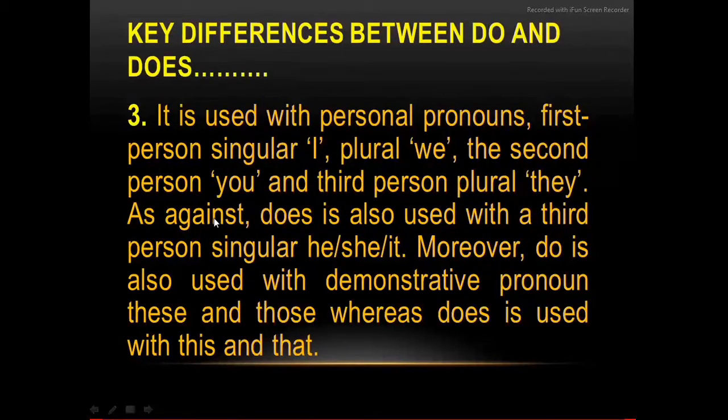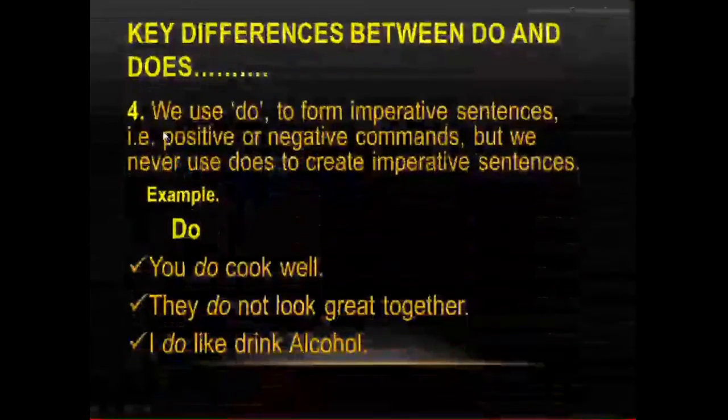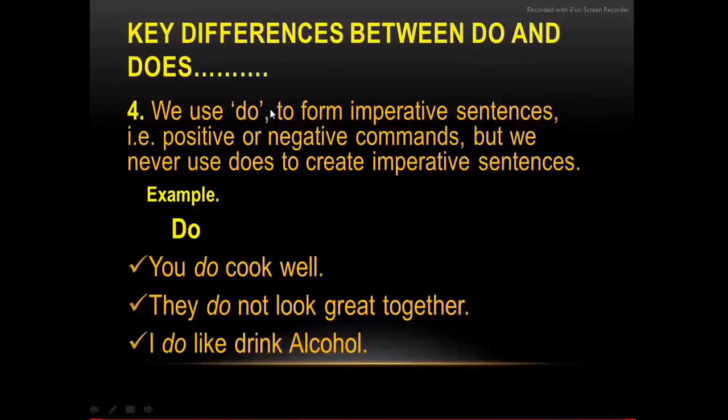As against, does is used with the third person singular he, she, it. Moreover, do is also used with demonstrative pronouns these and those, whereas does is used with this and that. 4. We use do to form imperative sentences, i.e. positive or negative commands, but we never use does to create imperative sentences.